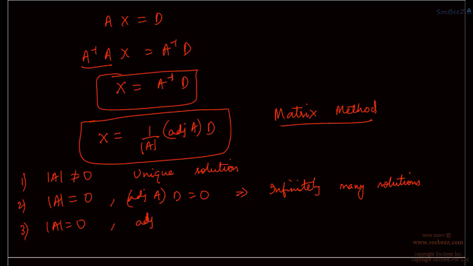In the final one, what we have is determinant is 0, but the adjoint A into D is not 0. In this case, this is known as an inconsistent system of equations, and this has no solution. Right? So this was the first way of solving equations through matrices, and this is known as the matrix method.